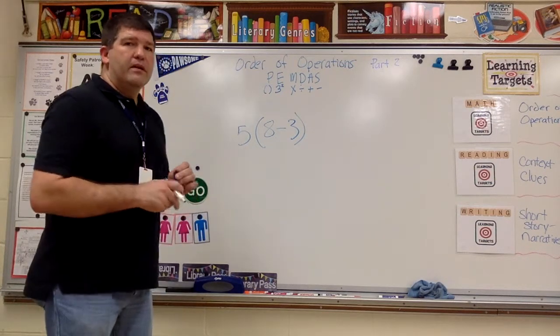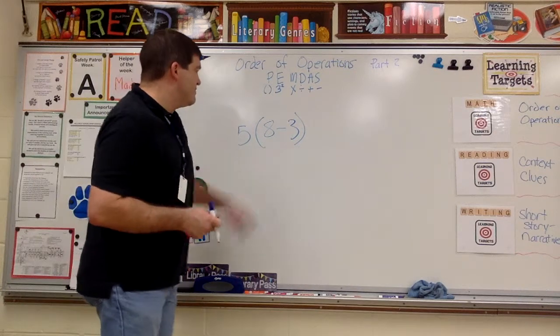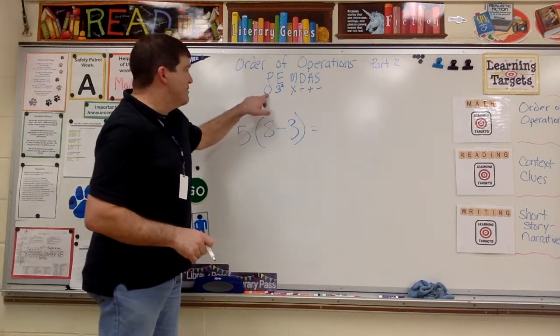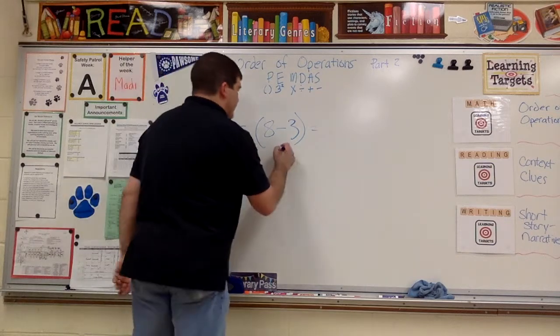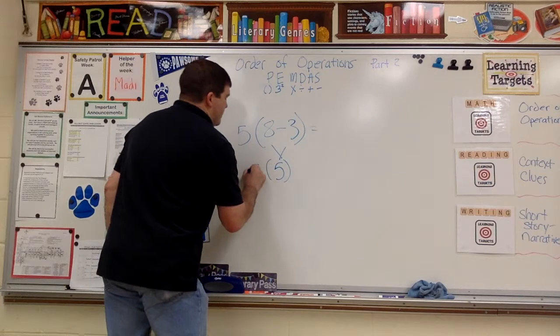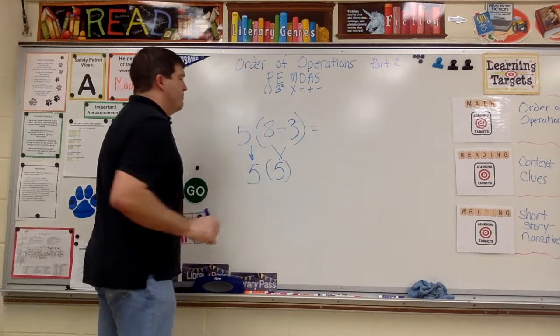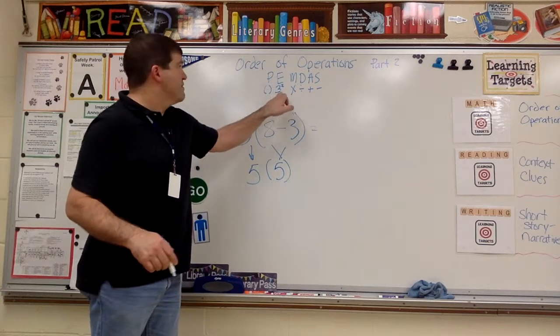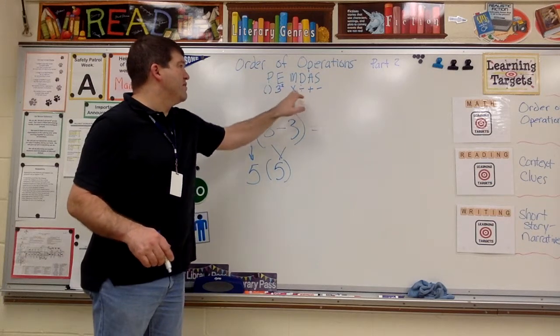Okay? So now if we do this problem by the steps, parentheses first, 8 minus 3. So I do that, it gets me 5. And then I bring the 5 down. Okay? So I did the parentheses first. Now there's no exponents. Now I go to multiplication and division.